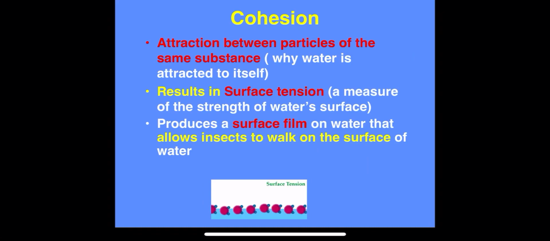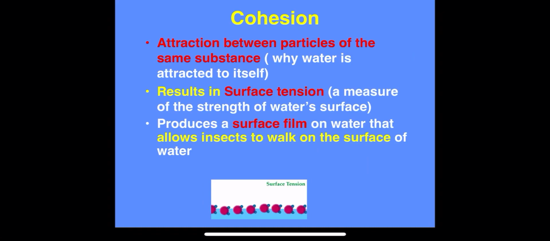Cohesion means attraction between particles of the same substance. Water is attracted to itself because its molecules are attracted to each other. This results in surface tension, a measure of the strength of water's surface. This produces a surface film on water that allows insects to walk on the surface of water.